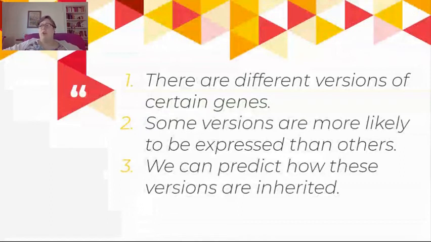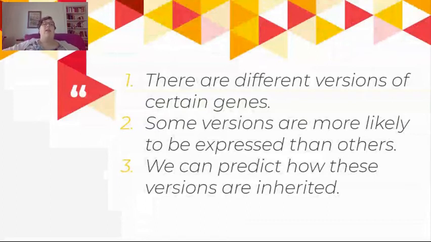DNA wouldn't be discovered for almost another 100 years. But he understood that parents pass on traits to offspring and that there are different versions of those traits. And he discovered that some of those versions are more likely to show up in the offspring than others. So we can predict how these versions are inherited.